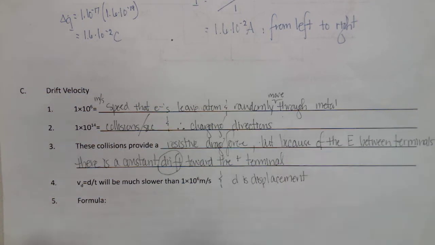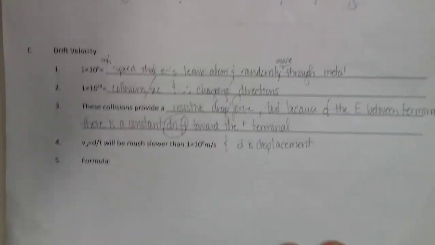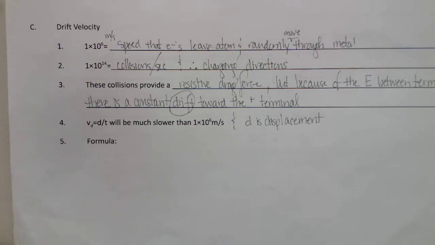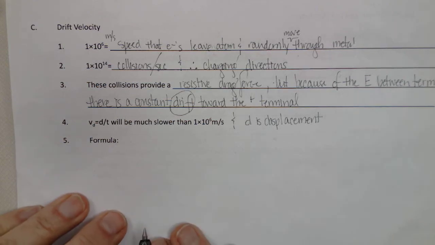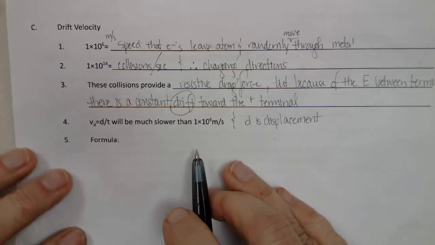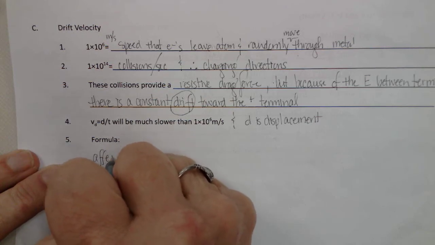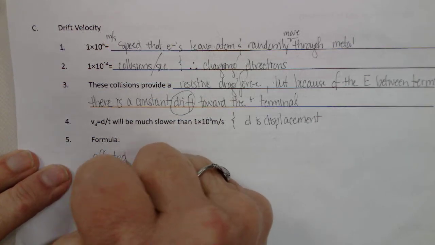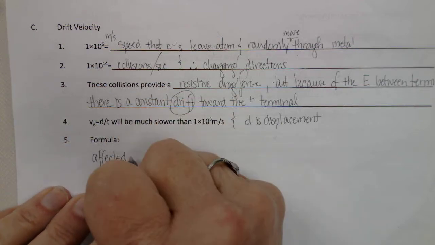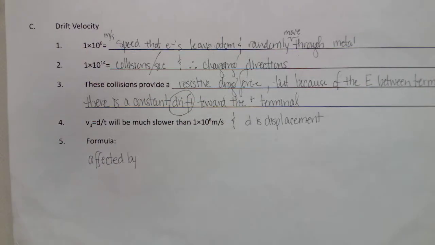All right, so the formula to actually find what drift velocity is has to take several things into account. And I want to talk about some of them. It is affected by, as we've already talked about, these collisions. The collisions are really going to impede that speed going along.